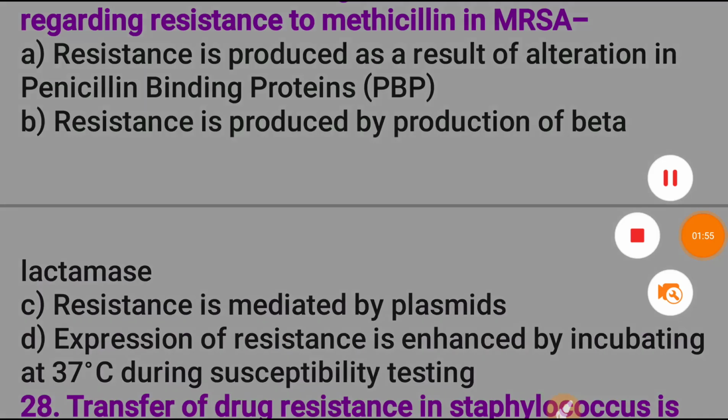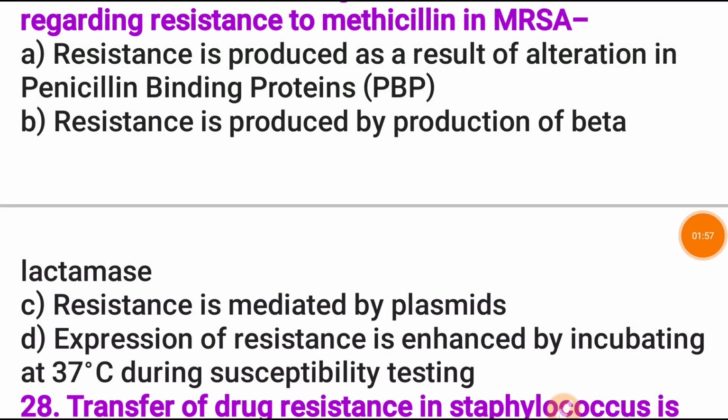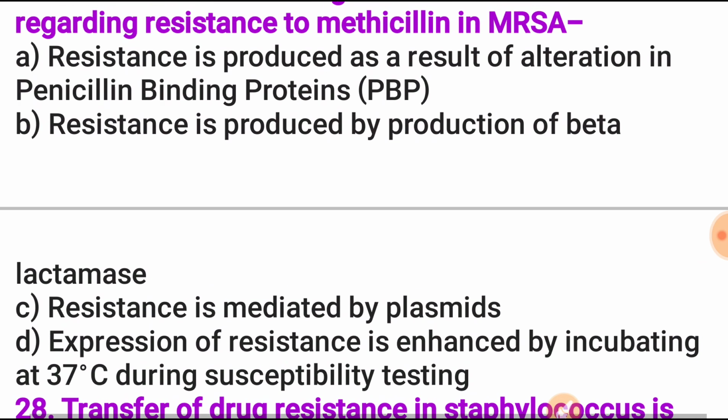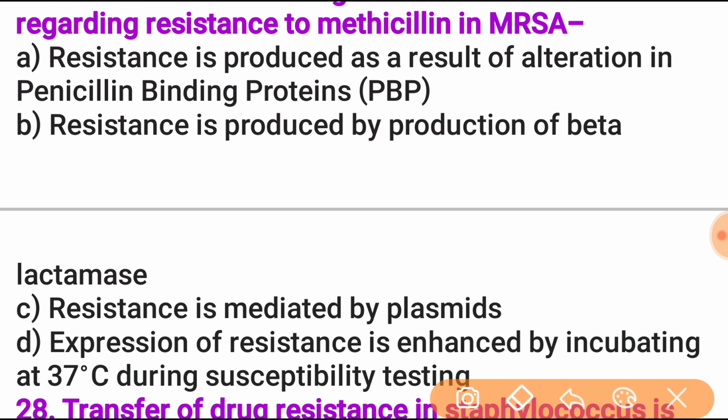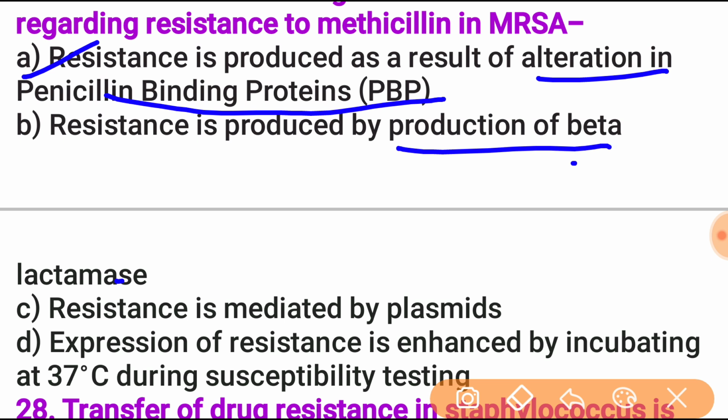The correct answer is resistance produced as a result of alteration in the penicillin binding protein. Beta lactamase production is wrong, as overproduction is required, and plasmid mediated is wrong, and 37 degrees is also partially wrong. So the best option is here.